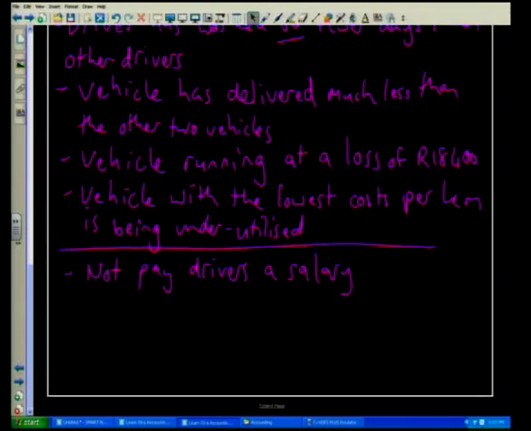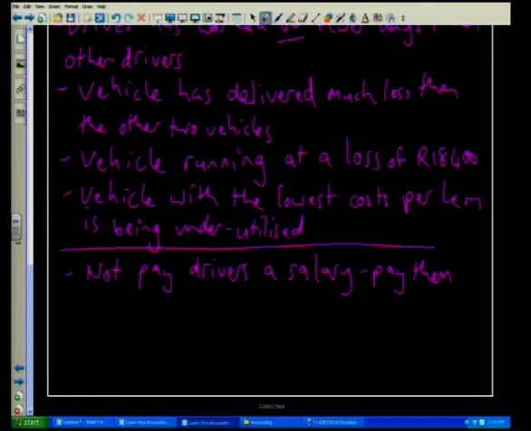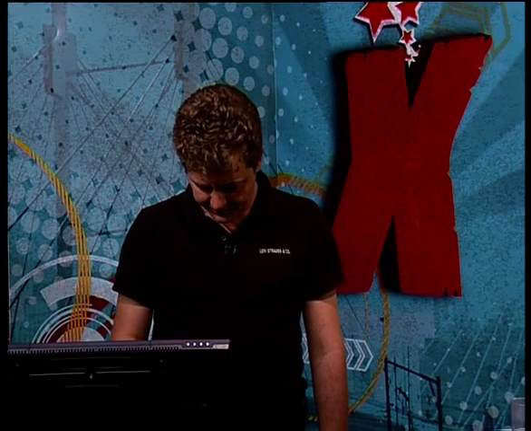But of course, you can't just not pay the drivers a salary at all. You should rather perhaps pay them per delivery. So the more deliveries you do, the more money you are likely to earn. In that way, it will encourage Solly to work as hard as the other drivers. And that would be a valid solution to the problem.